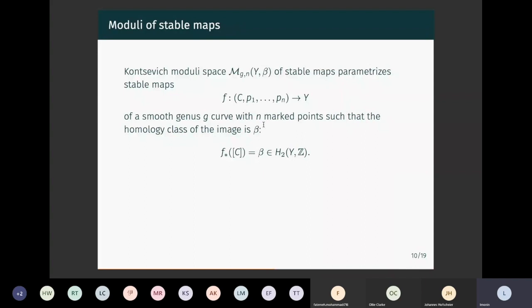It turns out that such a moduli space exists. It's representable by a Deligne-Mumford stack, and the fact that our map is stable basically means that the map itself, not the curve, should have only finitely many automorphisms.